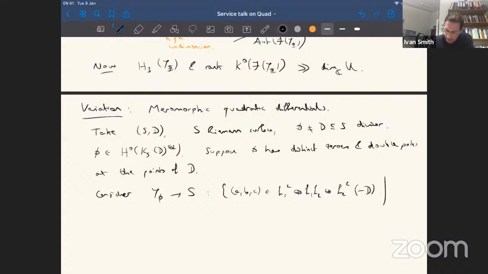So we've now written the log canonical bundle K_S(D) as a tensor product of two line bundles. And we now consider the equation which says A times C times delta is B squared plus φ, where delta is the section of O(D) that cuts out D.